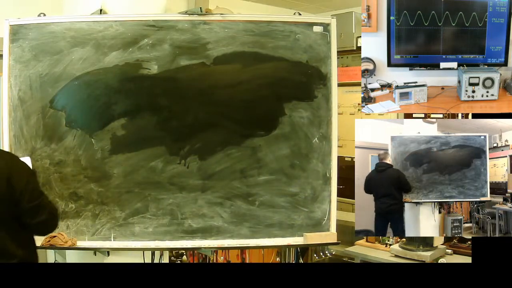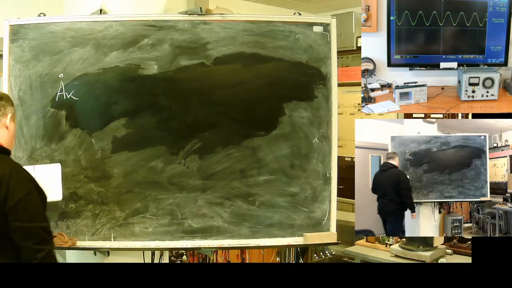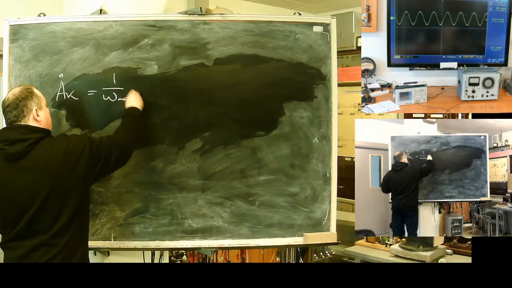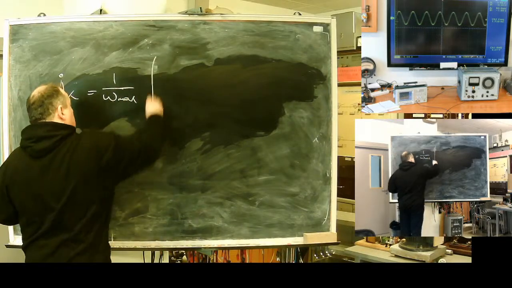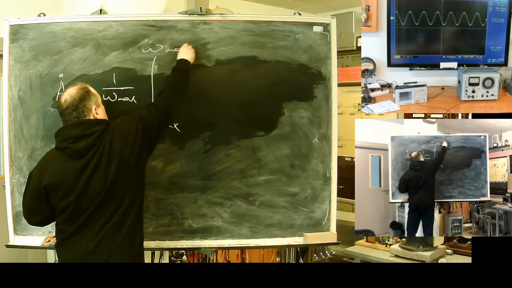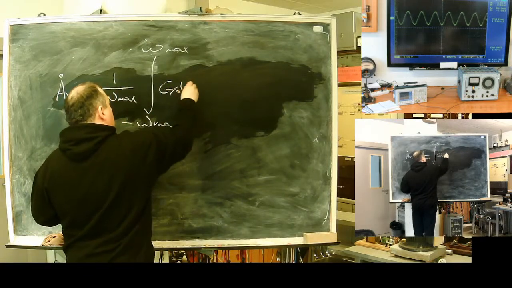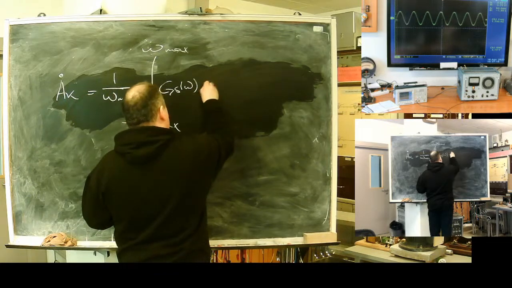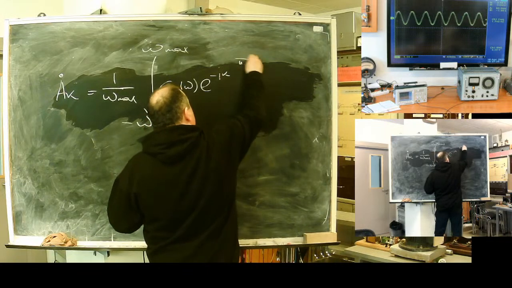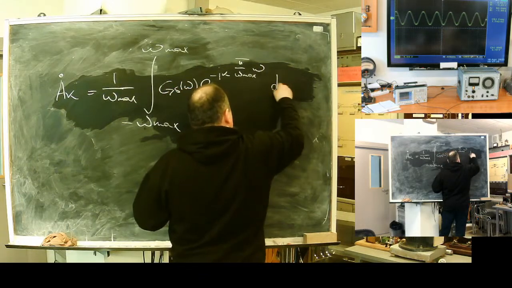What will not collapse? So the complex factor for the harmonic number will be 1 divided by 2 omega max, integral from minus omega max to omega max in the frequency range, G(omega) multiplied by e power minus j pi n omega divided by omega max, d omega.